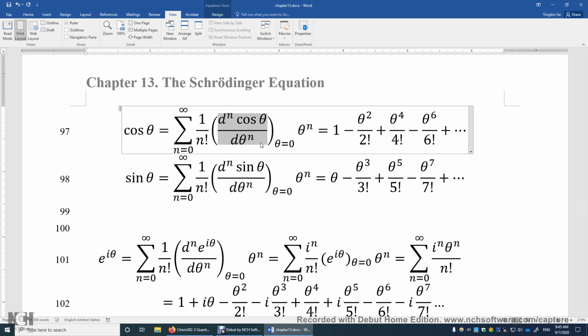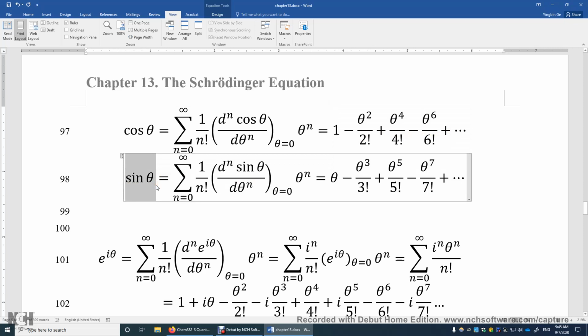And then sine theta, cosine theta, negative sine theta, negative cosine theta, etc. Remember, if we plug in theta equals 0, sine 0 is 0, cosine 0 is 1. So that's why we get this series. All those sine theta terms disappear. We have just 1 minus theta squared over 2 factorial plus theta to the power of 4 over 4 factorial, etc.